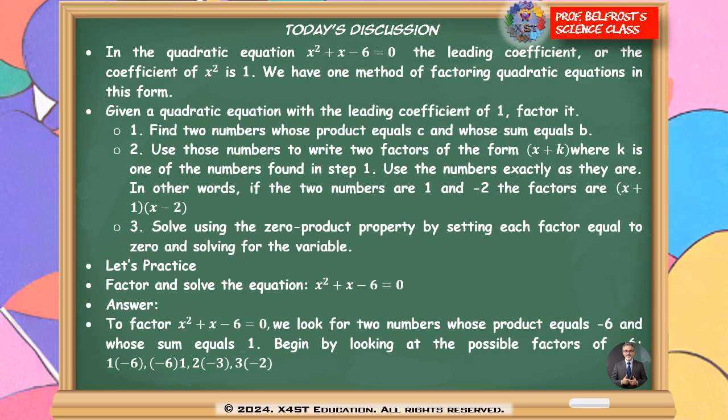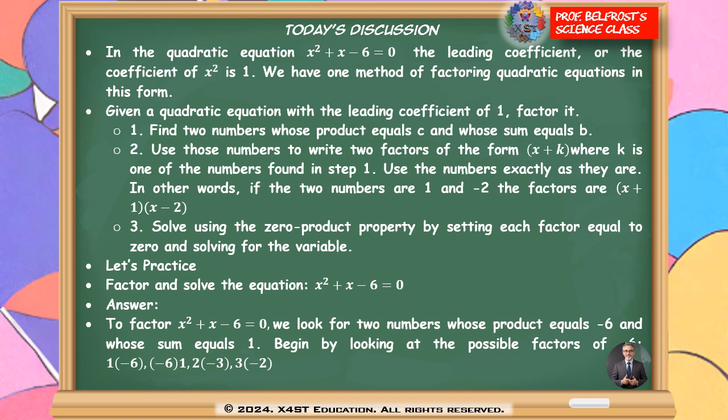Take for example the quadratic equation x squared plus x minus 6 equals 0, a quadratic equation with a coefficient of the second degree term of 1. There are 3 steps we use to solve this equation.